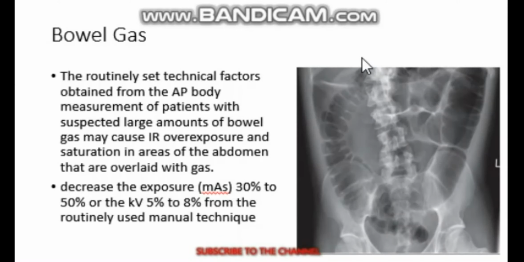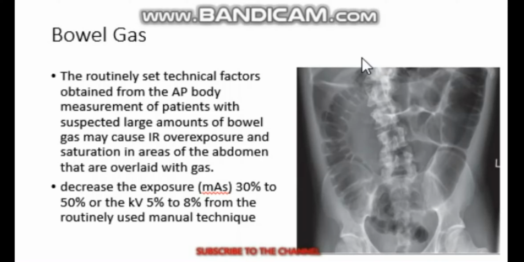So I decided to also add further about some technical factors you have to adjust for certain patient conditions. For instance, if you have bowel gas, what are some of the technical factors you have to apply?